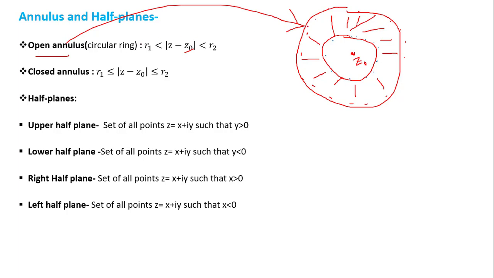If boundaries are not included, only this region and the boundary is not included, then open. If boundary is included, then closed annulus. Very simple. If boundaries are included, then closed. If boundaries are not included for the annulus, this region, then open annulus.